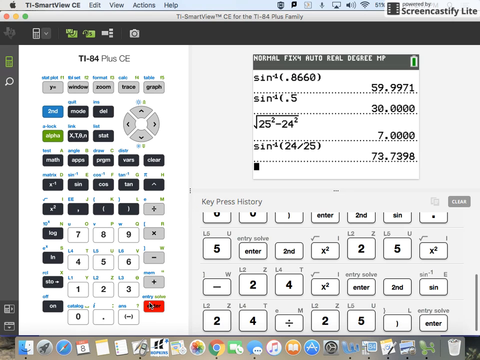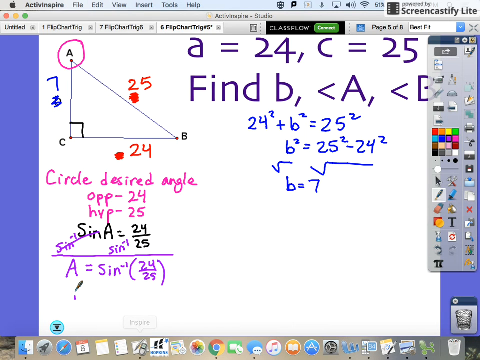We're looking at about 73.74 degrees. In class, we'll talk about whether we should round it up to 73 or to 74, or if we want to keep it as a decimal. We can decide on that as a class. Okay. So this was to find angle A.